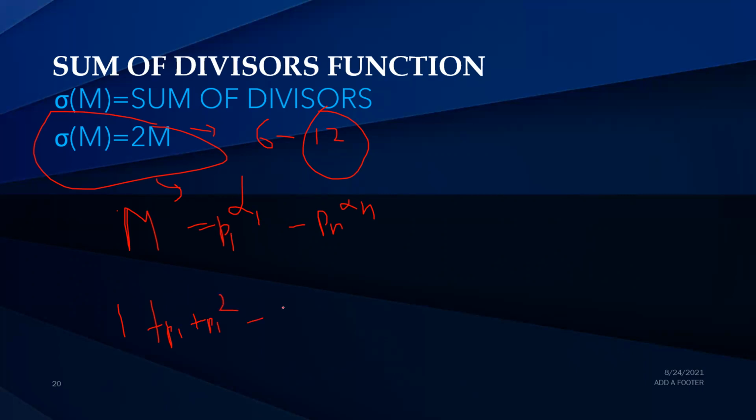Let's calculate first the divisors of p1 raised to alpha 1. Now if you notice that p1 p2 is also a divisor, and all the way p2 p1 raised to alpha 1 is also a divisor.